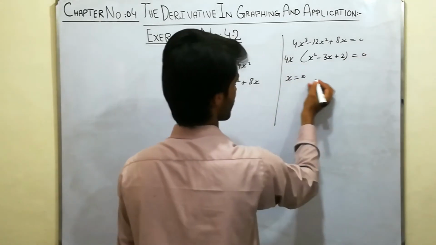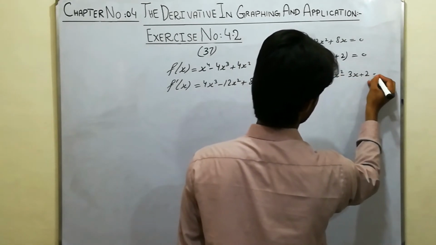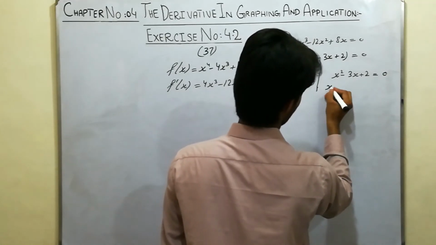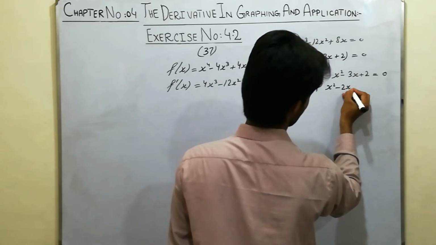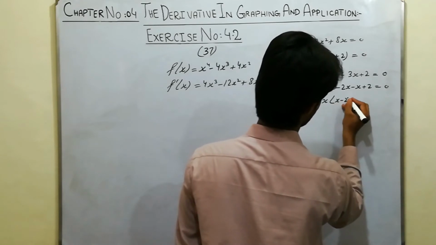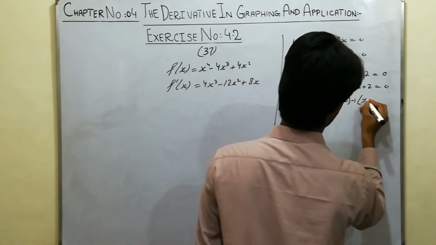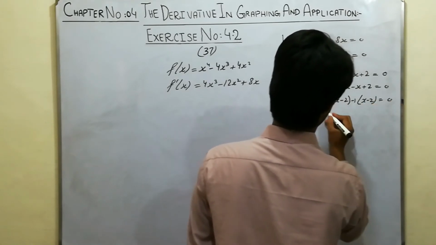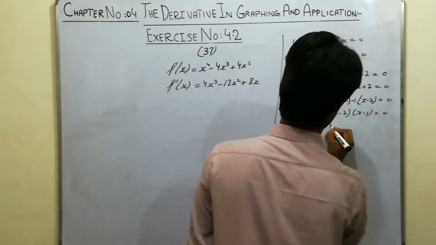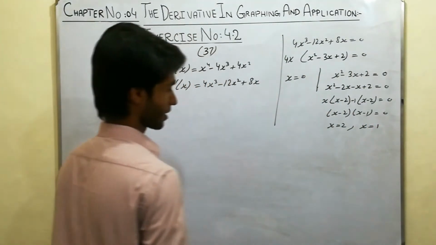So x is equal to 0 and x square minus 3x plus 2 is equal to 0, giving x is equal to 2 and x is equal to 1. These are the 3 points for relative maxima and minima.